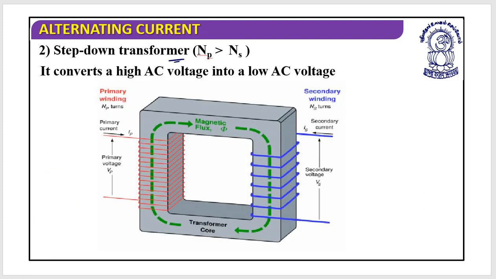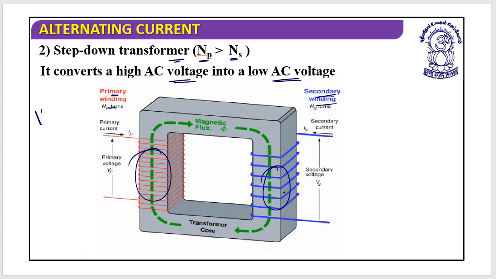Next, it's a step down transformer, and in this case Np is greater than Ns. You can see that the number of turns in this coil is greater than the number of turns in this coil. So these are the primary windings having Np turns, and this is the secondary winding having Ns turns. So it converts high AC voltage into low AC voltage.